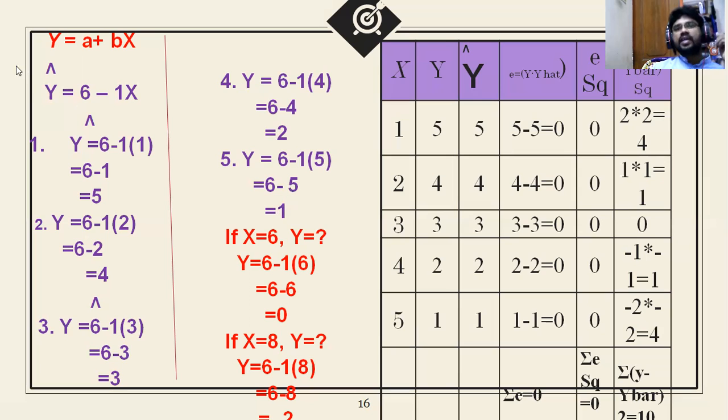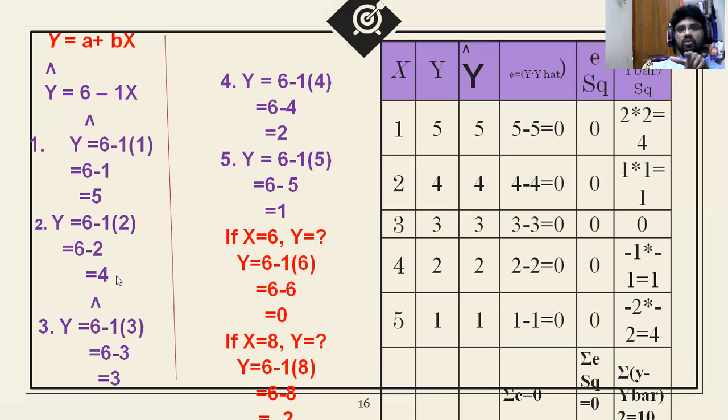So whatever y cap or y hat values we calculate, simply we can put them on the right side of the y values. Again you need to write the x values and y values, whatever they mention in their question. Next column you can write y cap. When x is equal to 1, how much is the estimated y cap value? 5.